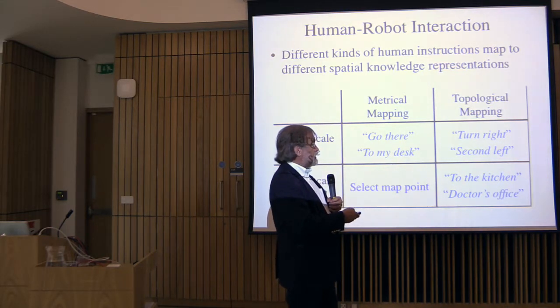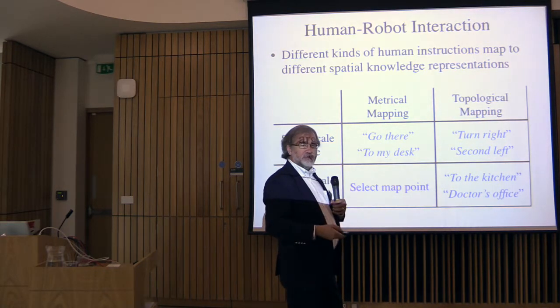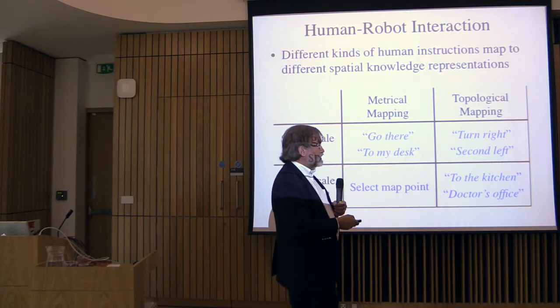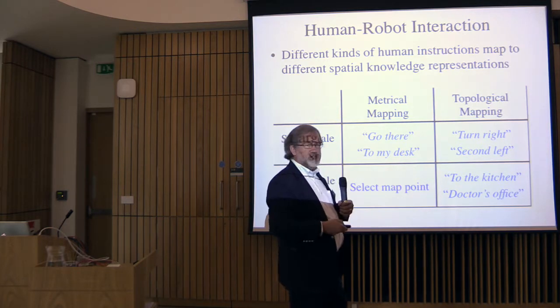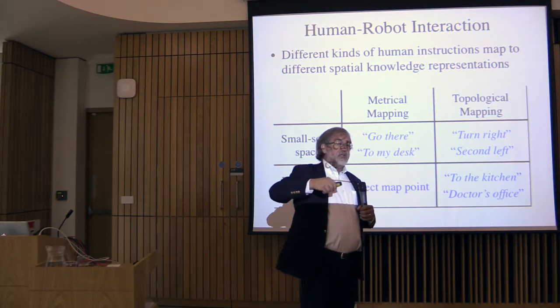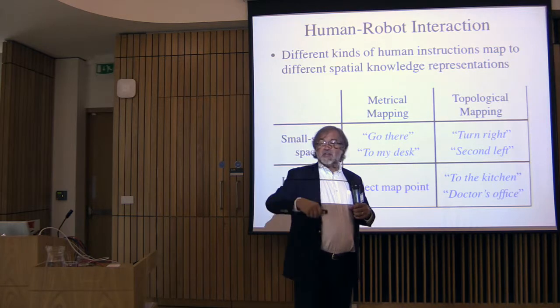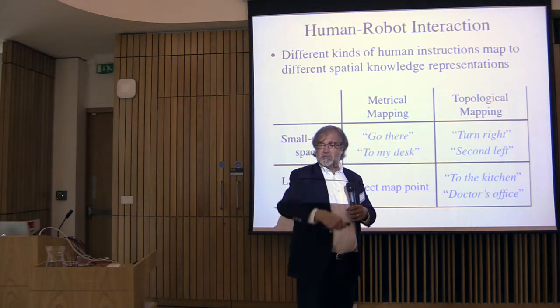So in small scale space, I can say things like go over there, or go to the door, go to the exit. In the structure of local decision points, I can say things like take the next left. Or I can aggregate things and say take the second right, which really refers to two separate decision points.